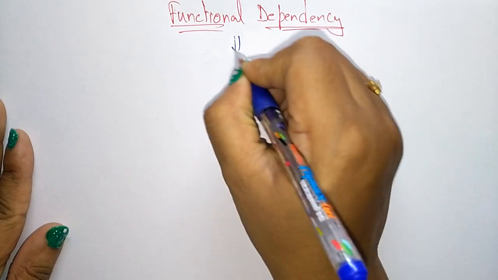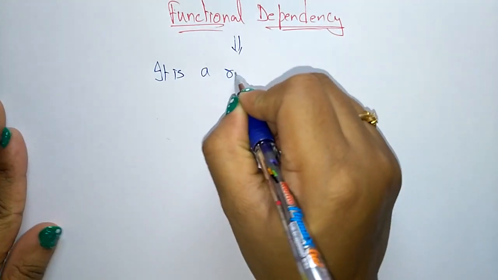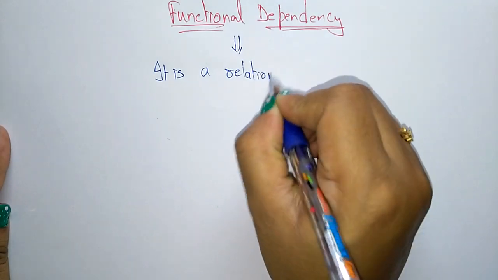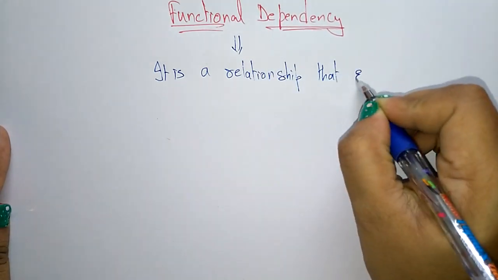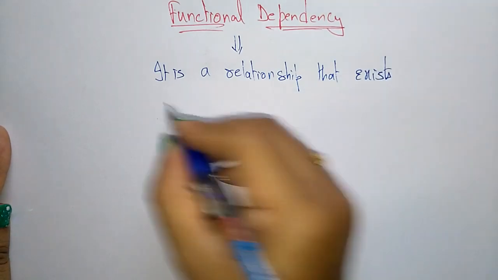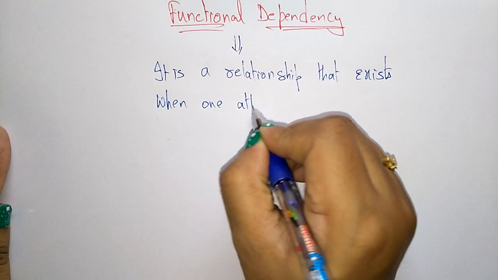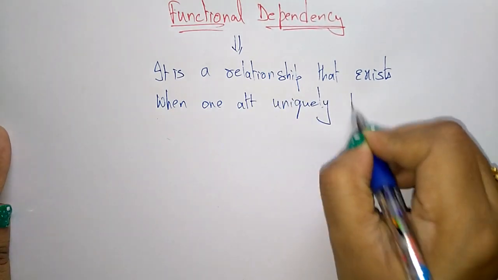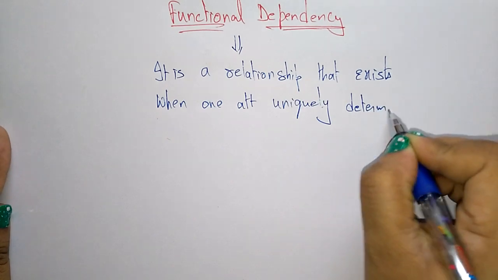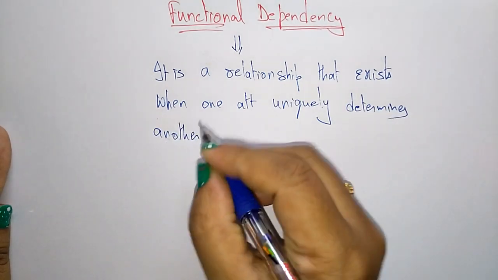A functional dependency is a relationship that exists when one attribute uniquely determines another attribute. That you call a functional dependency.